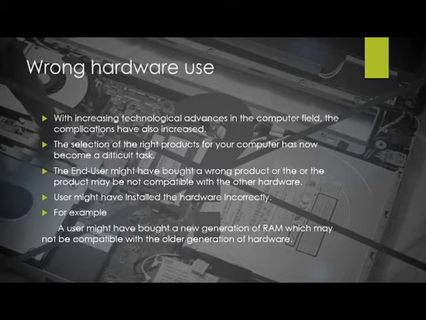For example, a user might have bought a new generation of RAM, which may not be compatible with the older generation of hardware he's using. Also, he might have bought a micro ATX fan for his CPU, but doesn't know how to put it in properly and has fitted it in an incorrect way. That is one example of wrong hardware use.